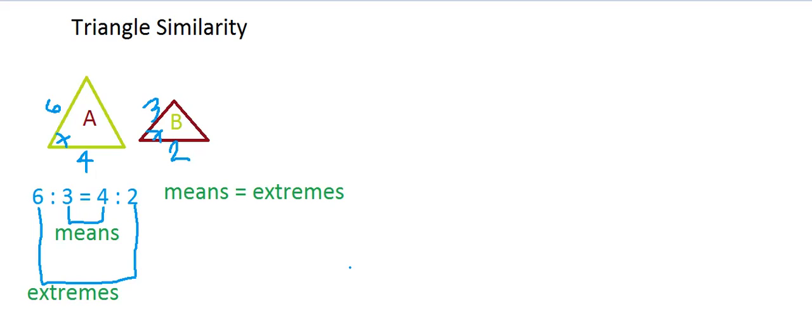So we'll multiply them. 3 times 4, this is 12, right? While 6 times 2, this is also 12. So as you can see, our means is equal to 12, and our extremes is also equal to 12.